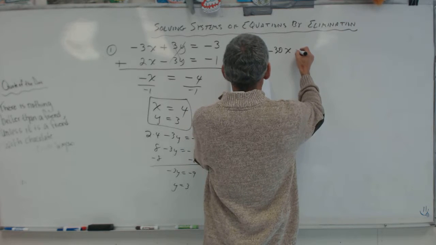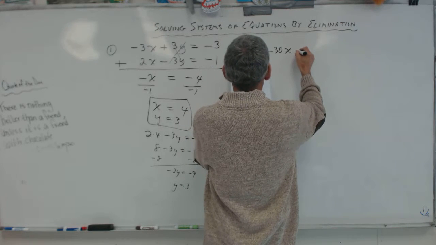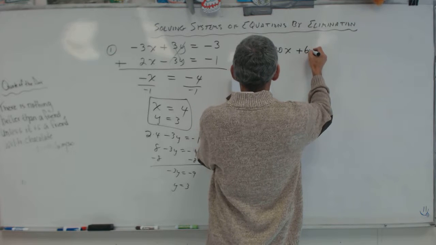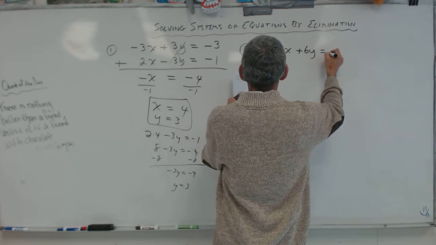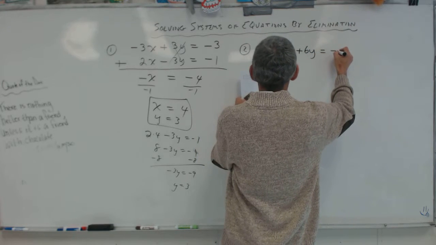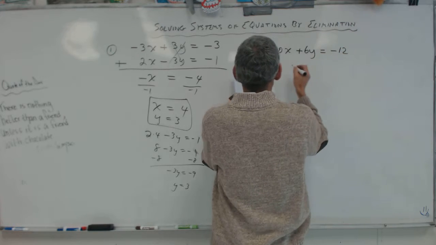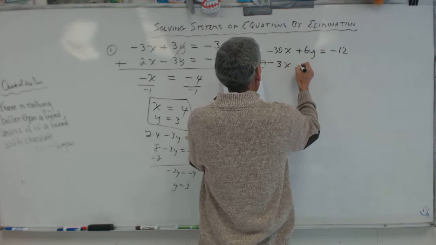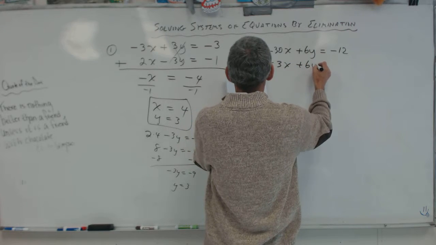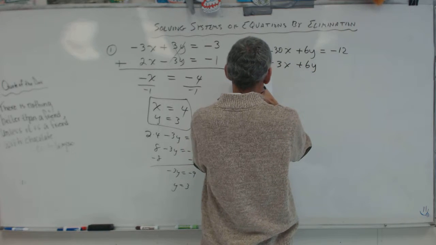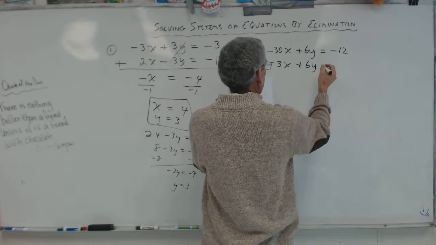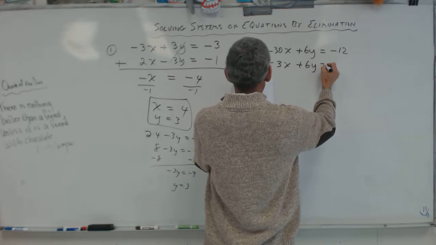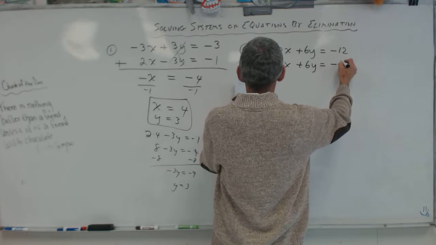Minus 30x, plus 6y equals negative 12. And then I'm going to do negative 3x plus 6y. Oh, hang on. That's okay. This is the other kind. Okay, that's fine. We'll just do it right away. We'll just jump right into it.